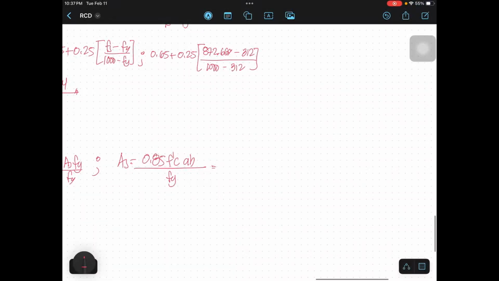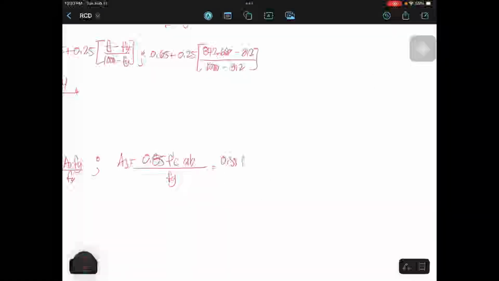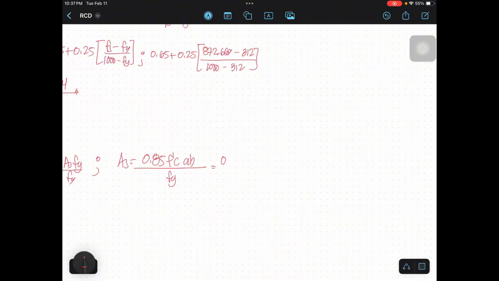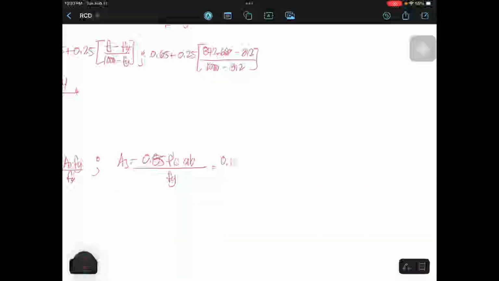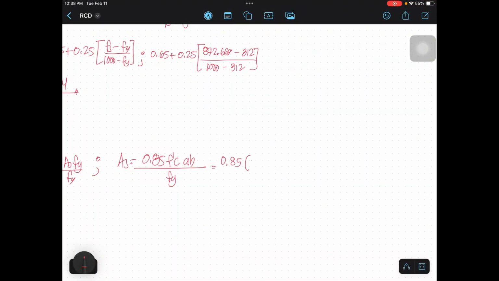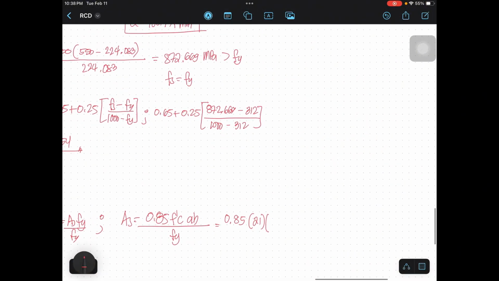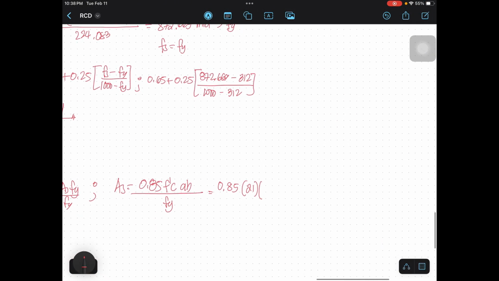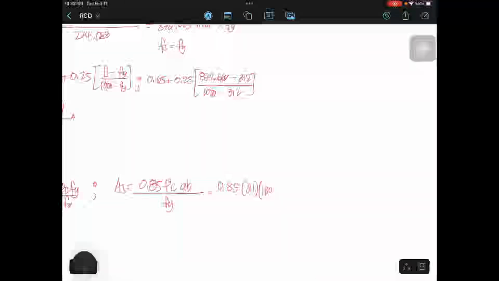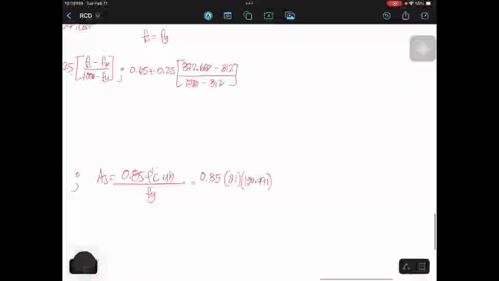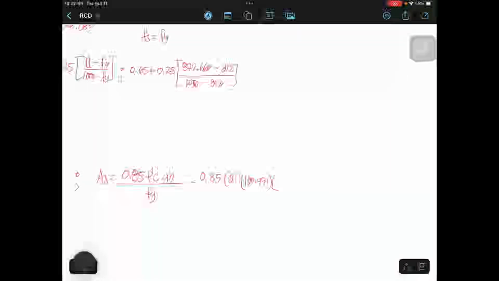Substituting these parameters, we have 0.85 and F prime c of 21. The depth of the compression block is 190.471. That is for a. And we have b of 300. And our Fy is 312.